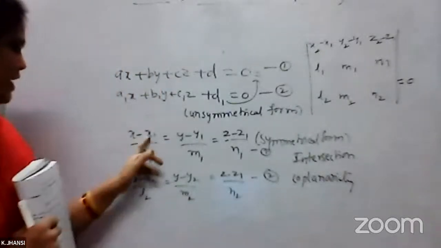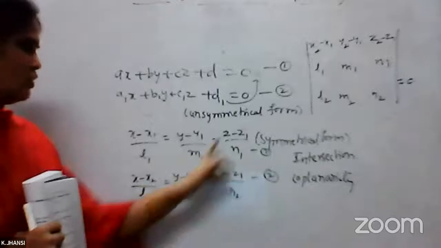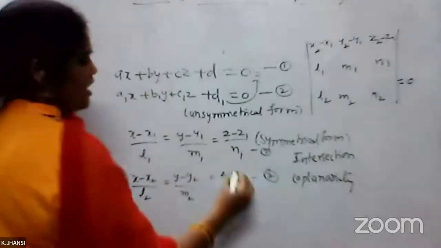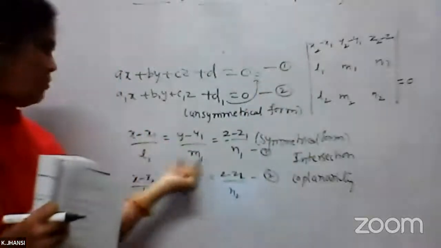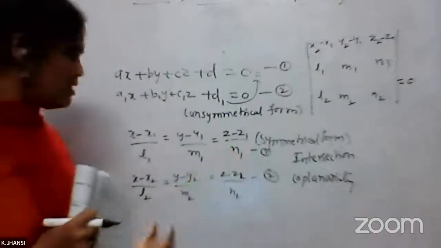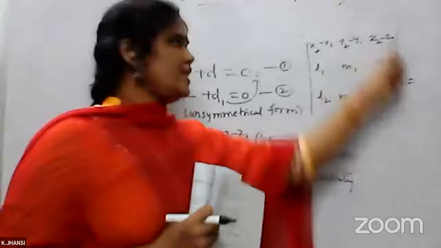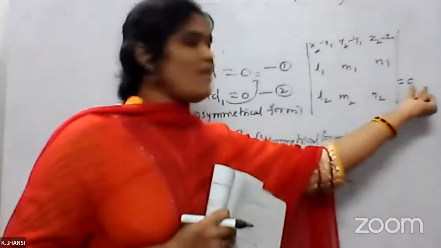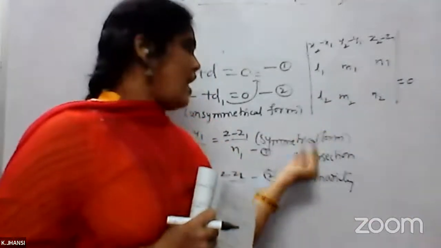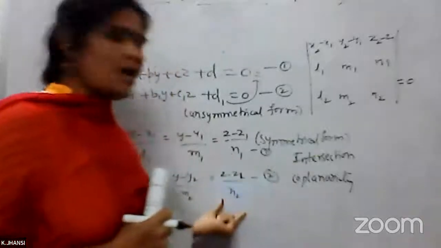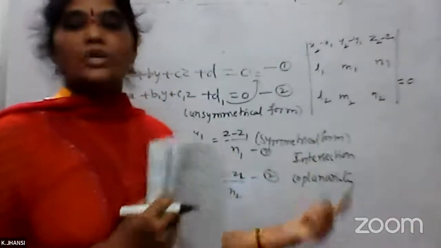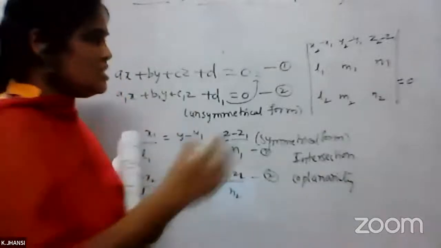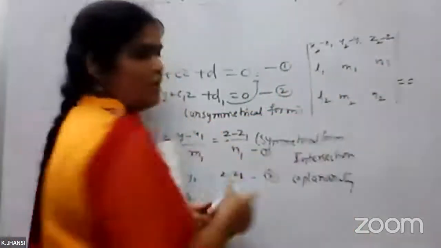Whatever the x1, x2, y1, y2, z1 and z2 values are, you substitute here, and in the other rows you have the direction cosines. When you find the determinant, if you get the value as 0, then you can say that the two lines are intersecting each other or the two lines are coplanar to each other. So this is the main condition we have, the determinant of this one.